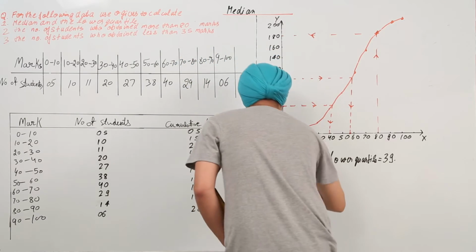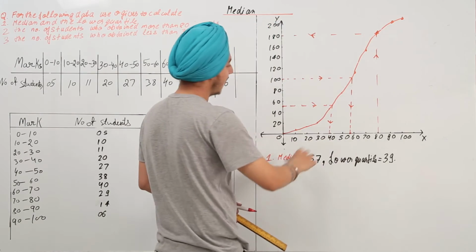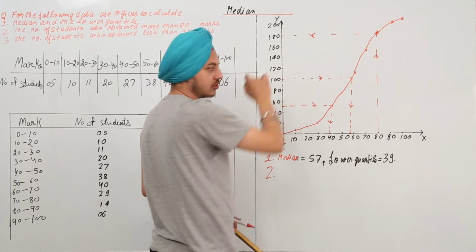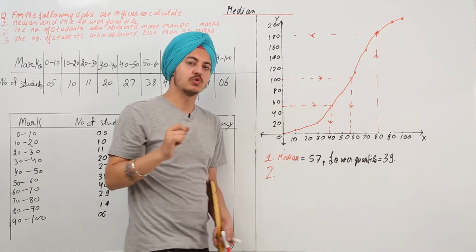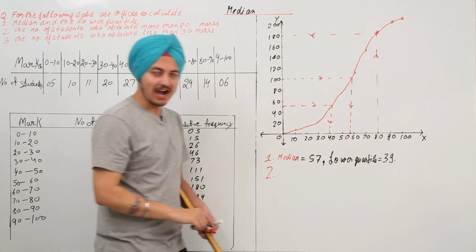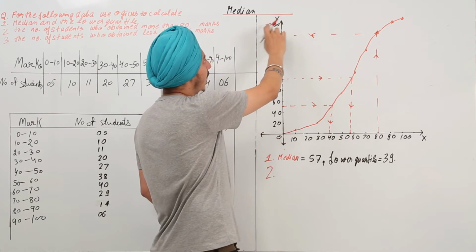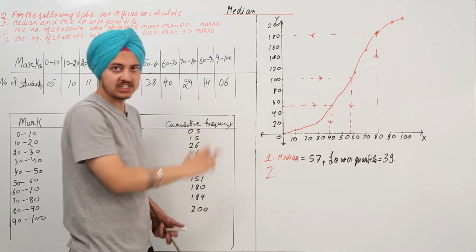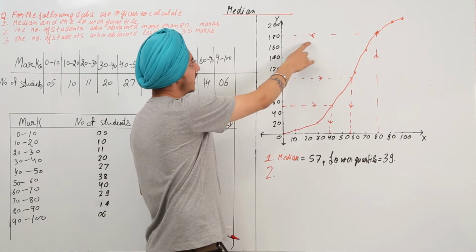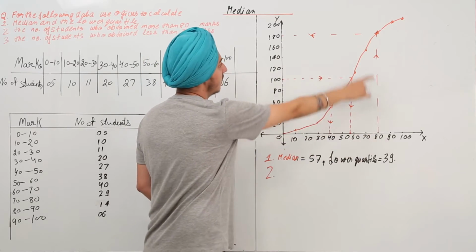So the number of students who have marks more than 80 is the total number of students minus whatever ordinate we get from this 80.